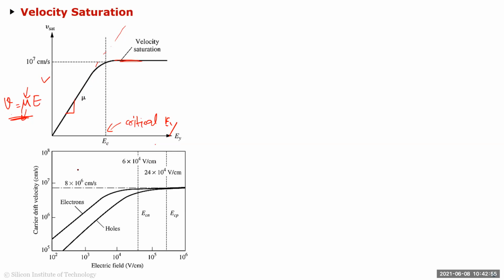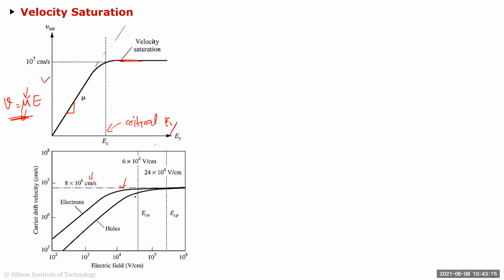So here is an example of electrons and holes in a particular technology. You can see that the saturation velocity is around 8 to 10 to the power 6 centimeters per second for holes and electrons. And you can see the electrons actually saturate a little faster than the holes do.